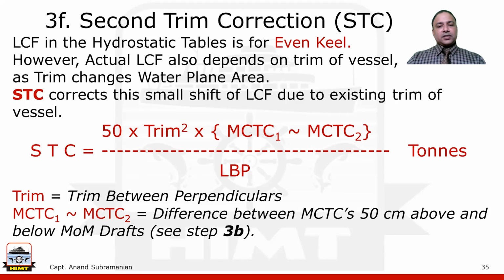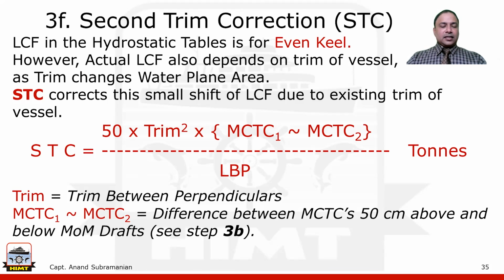So if the mean of mean draft is, let us say, 10 meters, then we take 50 centimeters above, that is 10.5, and 50 centimeters below, that is 9.5. The values for the MCTCs can be obtained from the hydrostatic particulars, put in over here, and this whole thing divided by LBP. The answer we get is in tons.